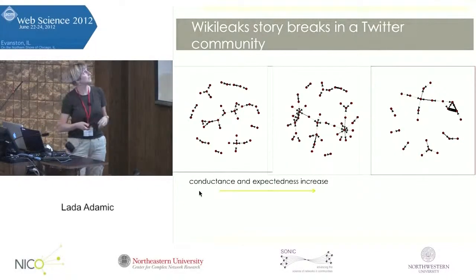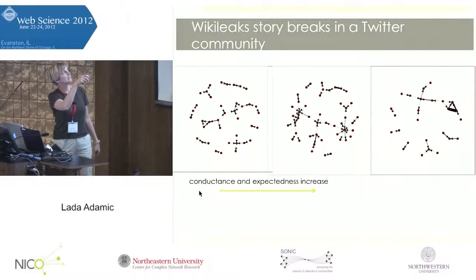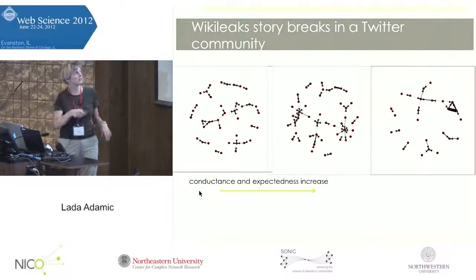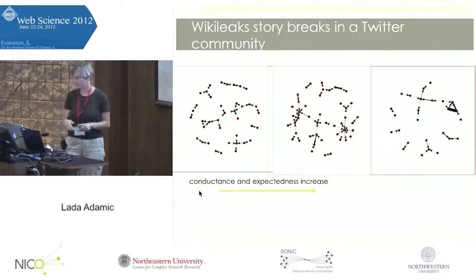So here is the WikiLeaks story breaking in one of the Twitter communities. So the conductance increases from here to here as people are engaged in conversation about WikiLeaks. And then once it stops being so interesting, it falls again.